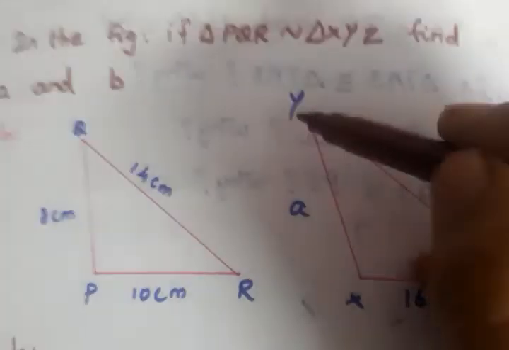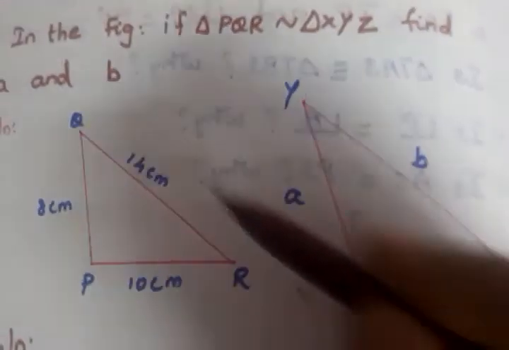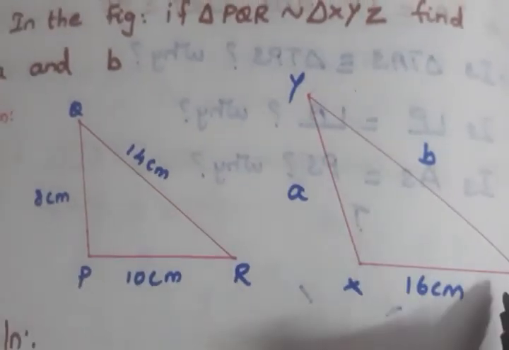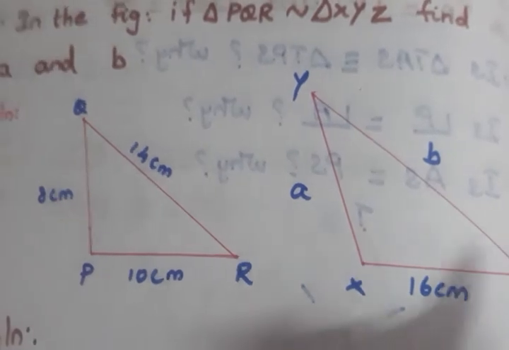PQ by XY, then QR divided by YZ, then PR divided by XZ.